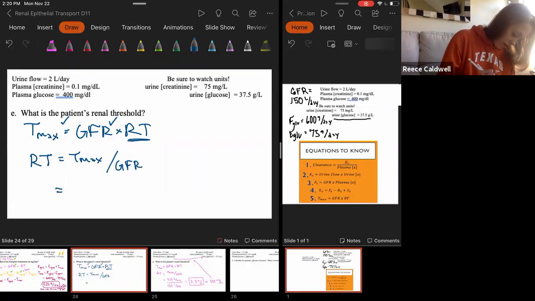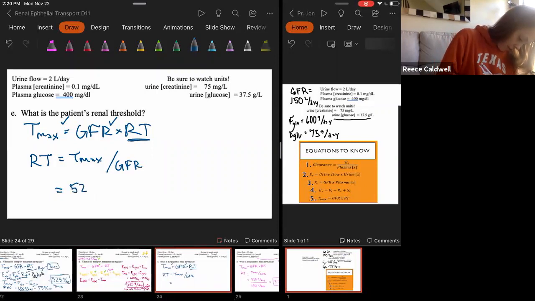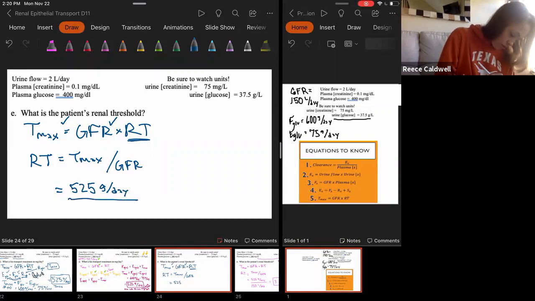When we do this work, our Tmax that we solved for was 525 grams per day, divided by our GFR, which was 150 liters per day.